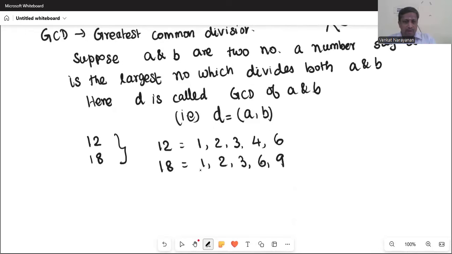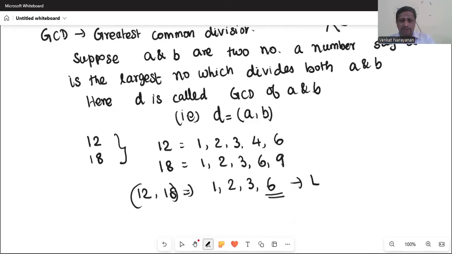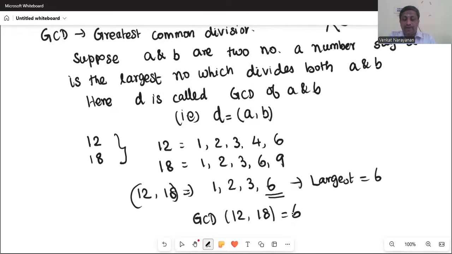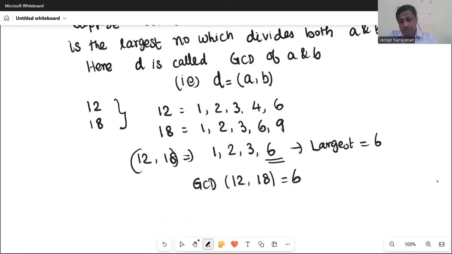The common divisors of 12 and 18 are 1, 2, 3, and 6. Which one is the largest? The largest is 6. Therefore, the GCD of 12 and 18 is 6.